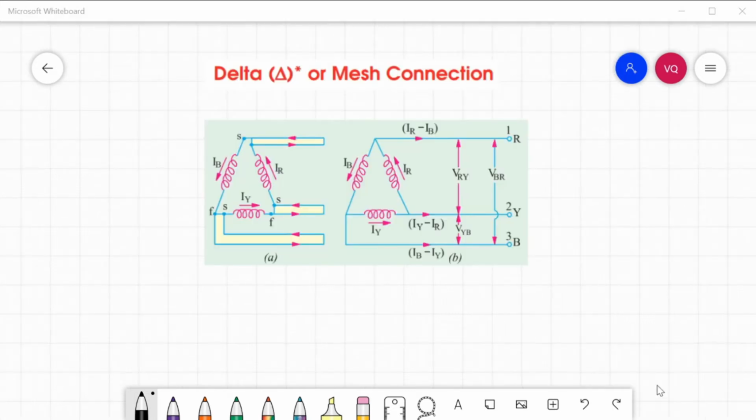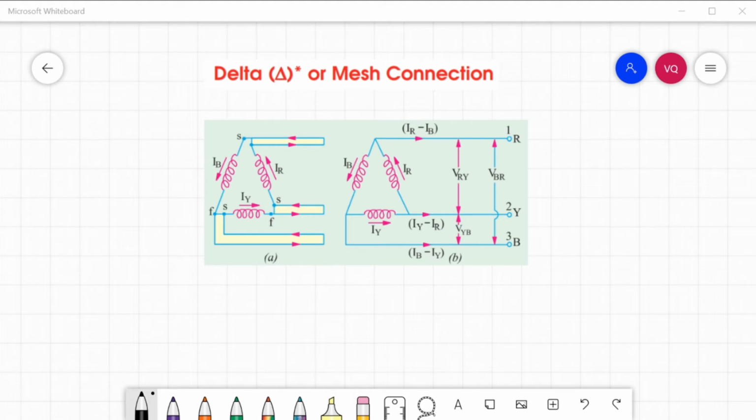The next topic that we are going to discuss is the delta or mesh connection. In this form of interconnection, the dissimilar ends of the three-phase winding are joined together such that the starting end of one phase is joined to the finishing end of the other phase, and so on, as shown in the figure.